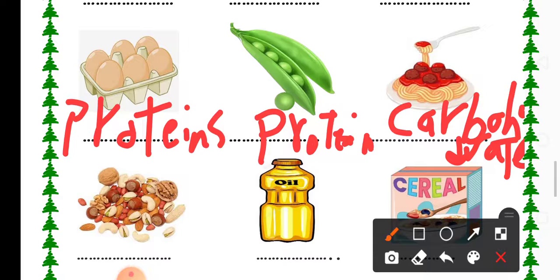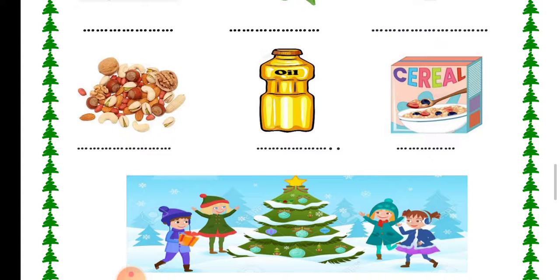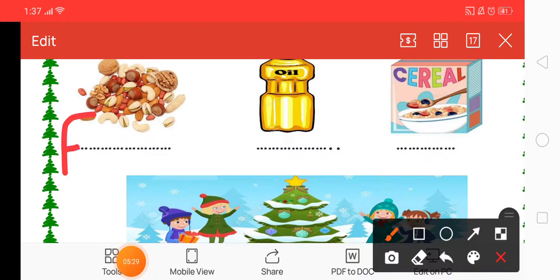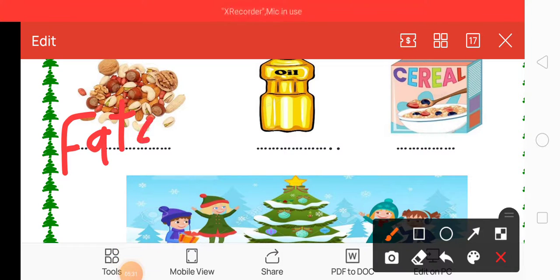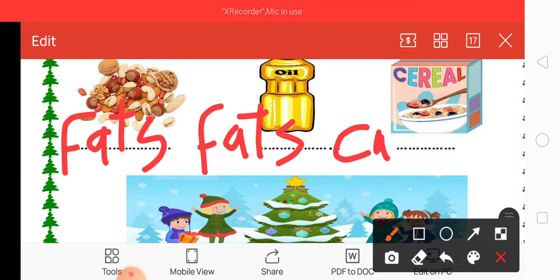Okay, eggs, proteins, the bean, proteins, pasta, carbohydrates. After that, the nuts, yes, fats. Oil, also fats. Cereal, yes, carbohydrate.